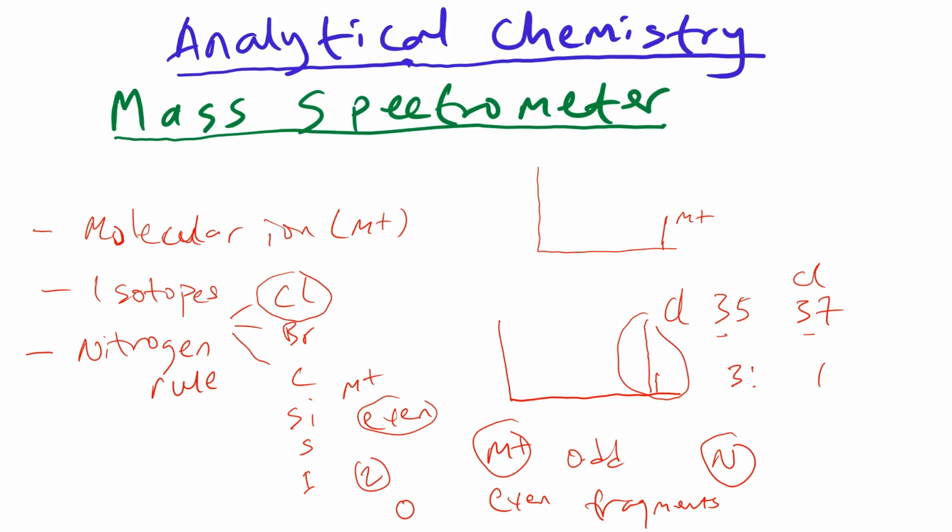Another thing you need to know is that most of these functional groups have signature peaks which you use to identify them. Now, aromatic compounds, or aromatic rings, usually have what they call a prominent molecular ion, which means that the molecular ion is very large or big.